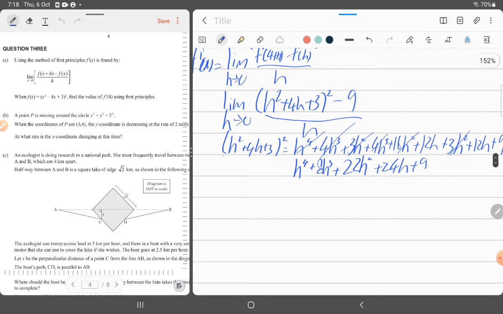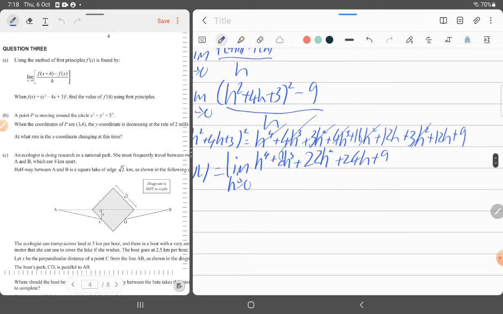So f dash of x is equal to the limit as h approaches 0 of the expression take away 9, over h.